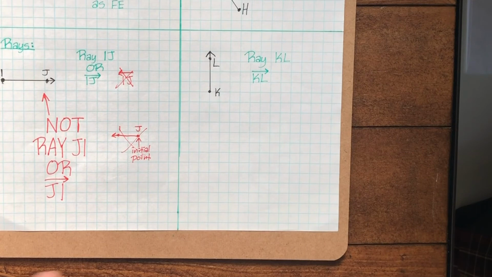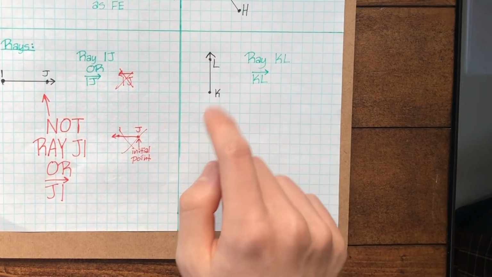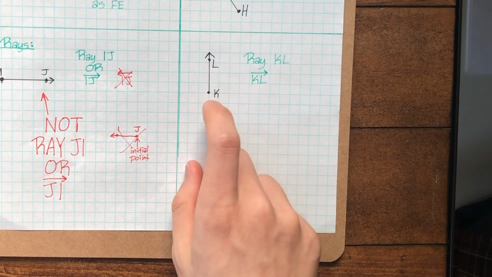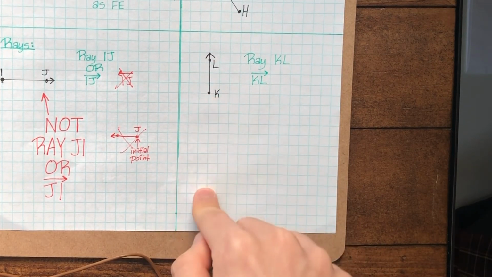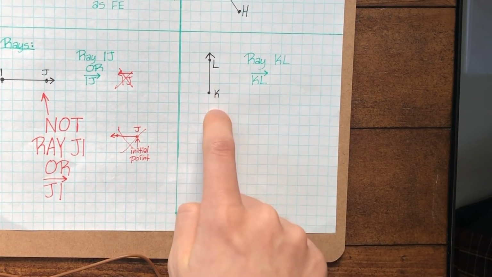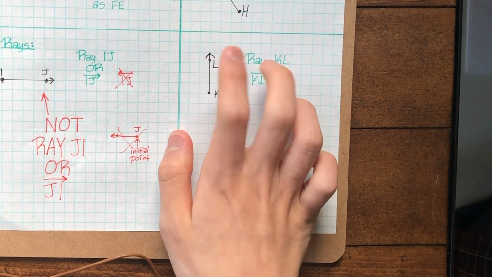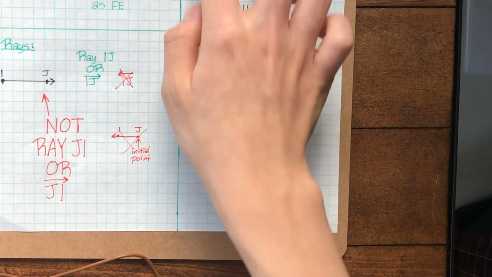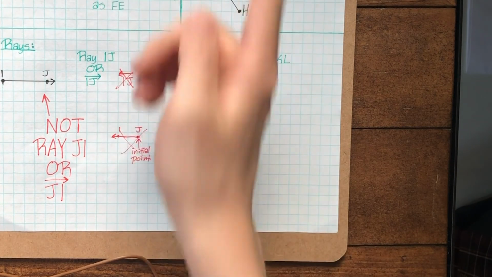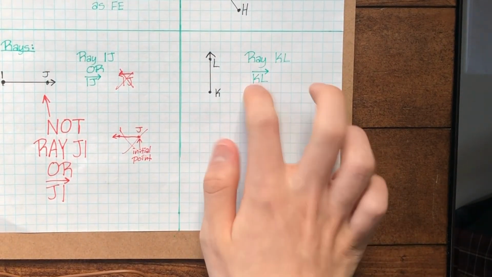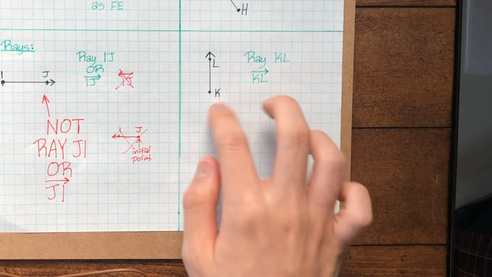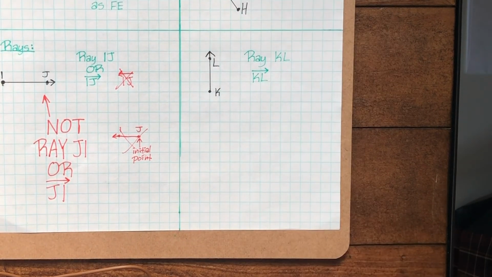Once again, you guys can tell, just because K is the initial point and it's where the ray starts, it doesn't keep extending past K. It just starts at K, stops. However, L keeps going on and keeps extending in this direction, like forever. So that's why it's KL, because it starts at K, it keeps going past L.